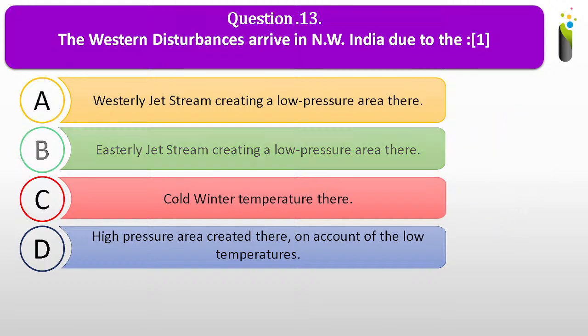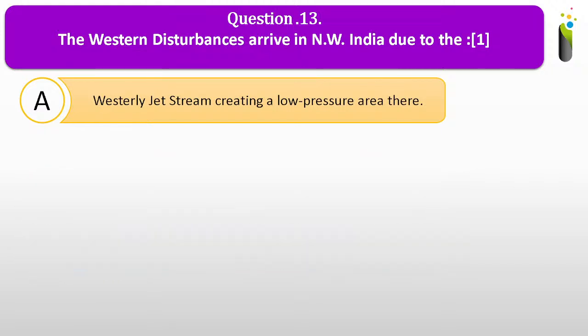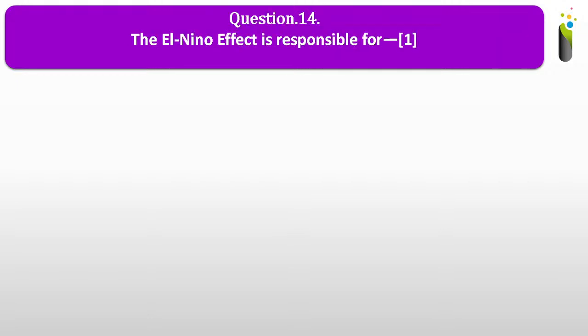And the correct answer for this question is A. The western disturbances arrive in northwest India due to the westerly jet stream creating a low pressure area there. Going ahead with question number 14, the El Nino effect is responsible for dash.